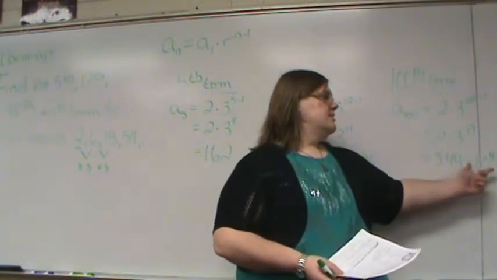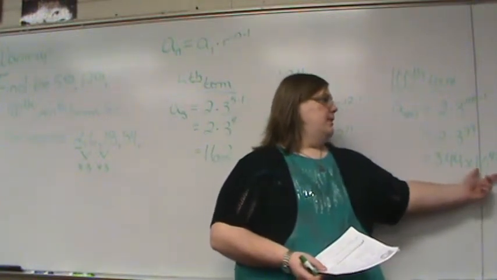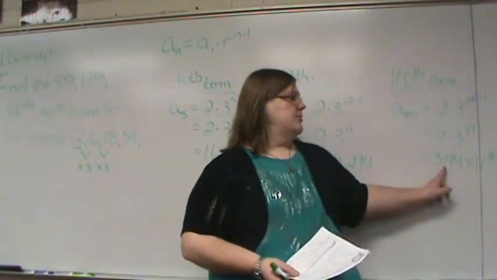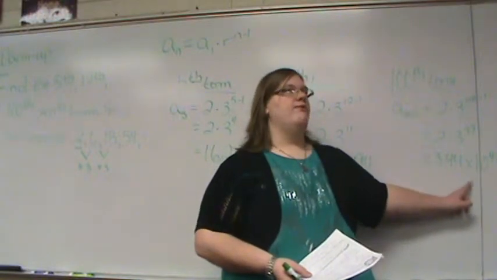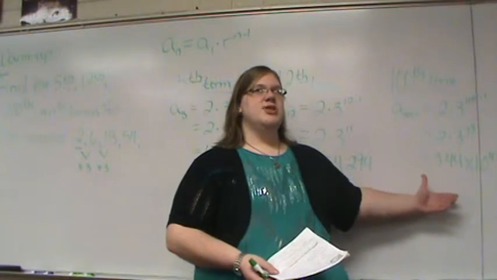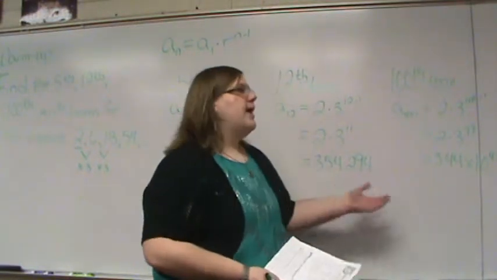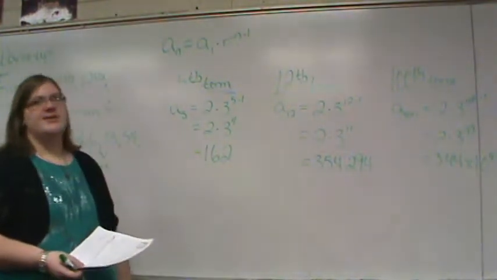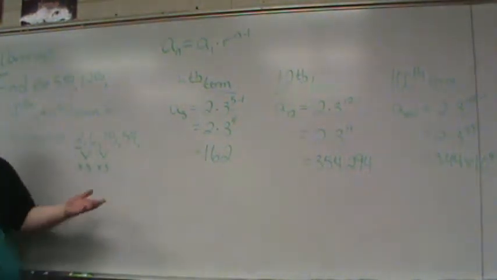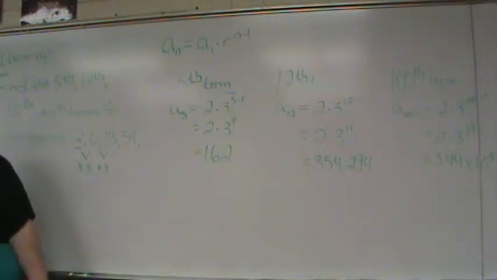What that means is you're going to multiply this 3.44 by 10 to the 47th, so that decimal place is going to move 47 places to the right. That's just how large this number actually is. I won't actually ask you to find the 100th term for a geometric sequence because it is so big. That's just to show you how big these numbers can get.